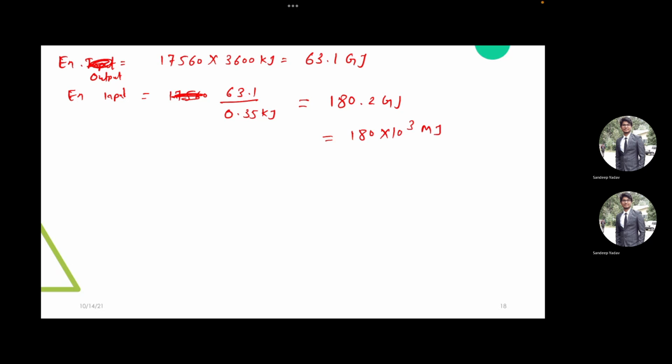Here we have calculated the energy input. That means how much input we have to give to generate that power, because these things we have calculated from the diesel generator efficiency. We have assumed the diesel generator efficiency is 0.35. If that is 35% efficient, then we have to give that much amount of energy to diesel, or of diesel we have to use, and then we will get this amount of energy.